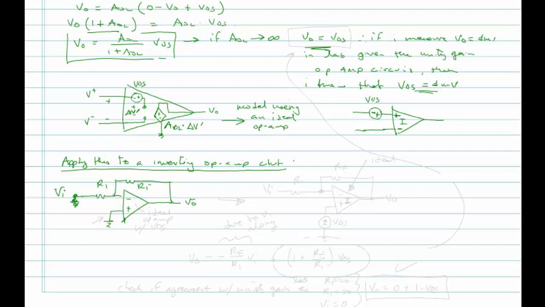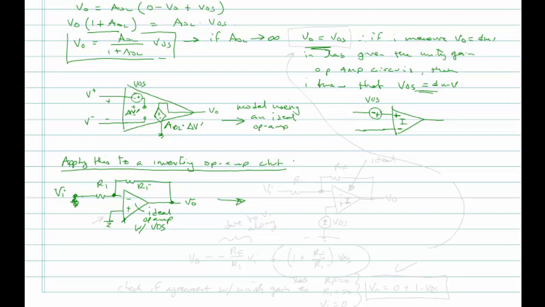Okay. Now this is an ideal op-amp with VOS. So if you're given a problem and asked to solve for VO, and the op-amp is ideal in every way except that it has VOS, how do you solve it?